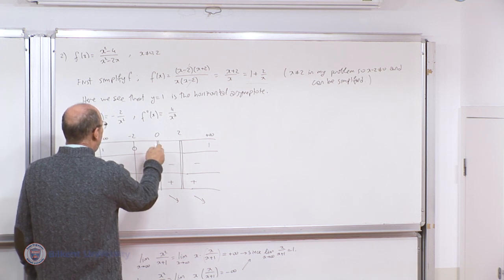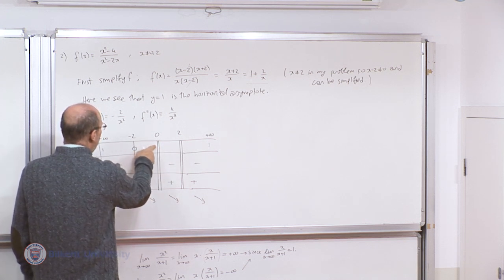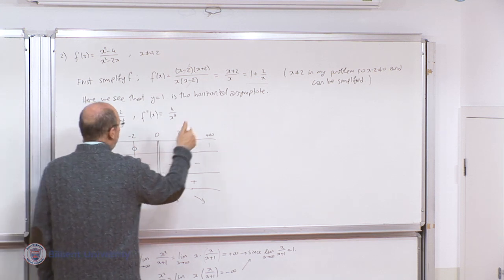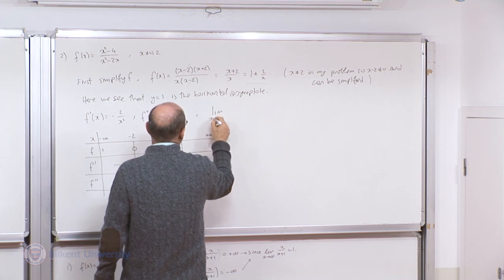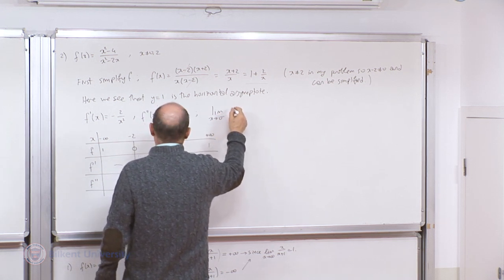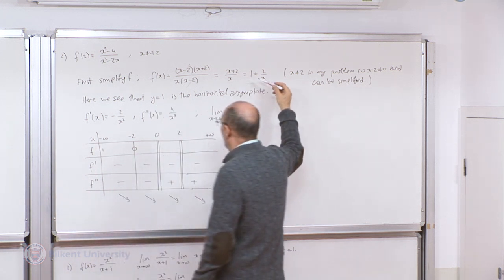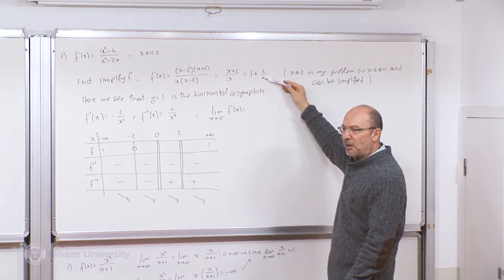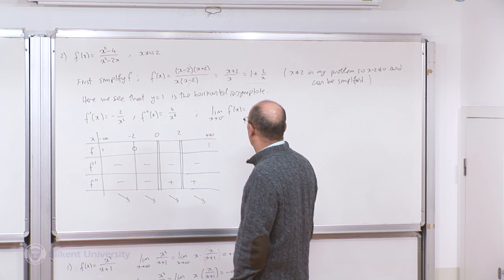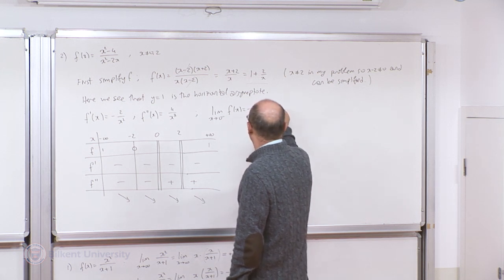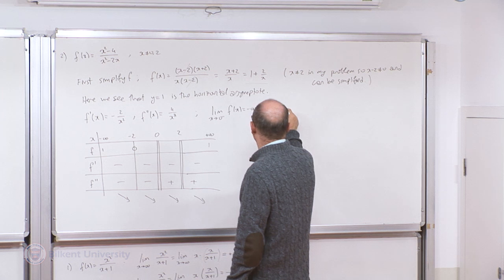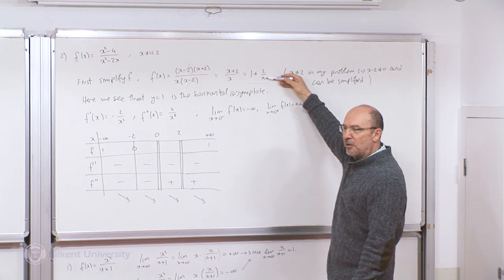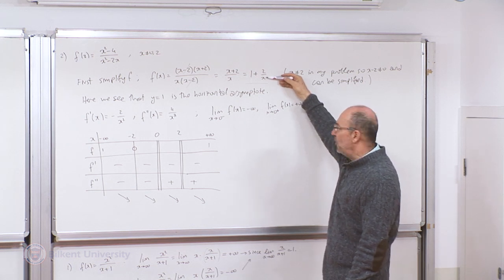So decreasing means that here we have these things. So let us look at what happens when x approaches these undefined points. When x approaches 0 from the left, that is the limit as x approaches 0 from the left of f of x, this becomes infinite, but the sign of x is negative, so it becomes minus infinity. And the limit as x approaches 0 from the right is plus infinity, because the sign is plus.